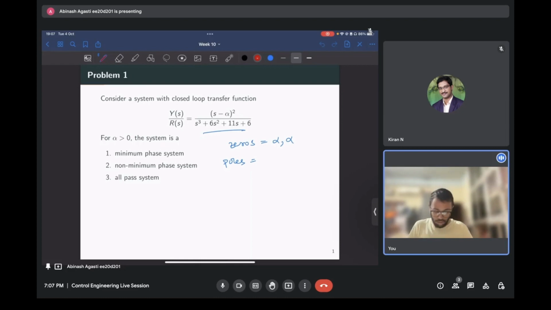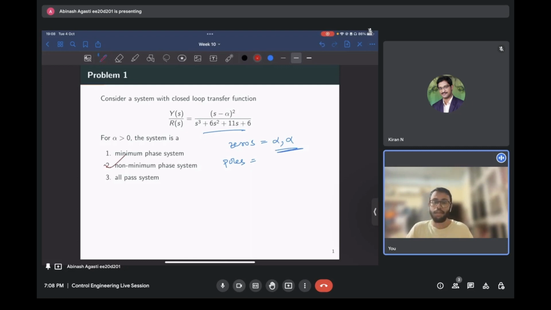Okay. So a minimum phase system must have all its zeros and poles in the left half plane. But here, if alpha is greater than 0, then there are two zeros in the right half plane. So this is a non-minimum phase system.